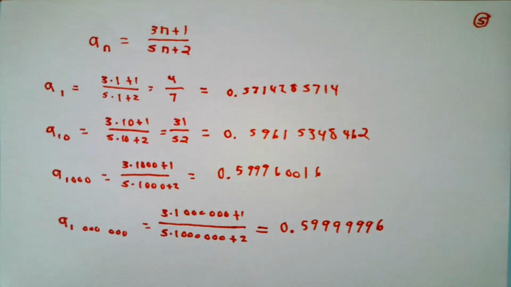If I were to make a guess, I would guess that if I make this index on the a numbers big enough, I can make the a number as close to 0.6, 3/5, as I like.